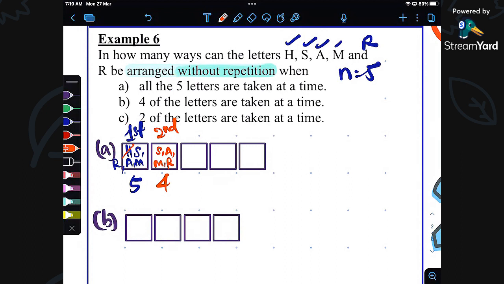for the second box. And then let's say you already chose A, for example, and it sits there, tinggallah S, M and R. And then tinggallah 3 huruf saja for the third box. And then let's say you already choose S, tinggallah M dan R, so tinggallah 2 huruf saja untuk box yang keempat. And last one, tinggallah 1 saja.